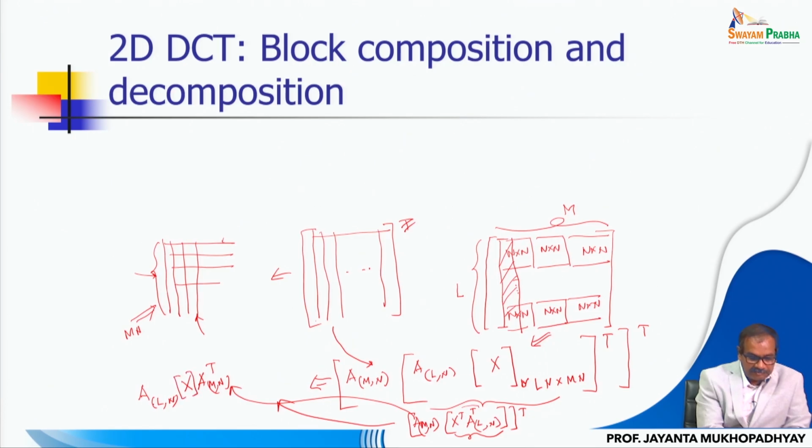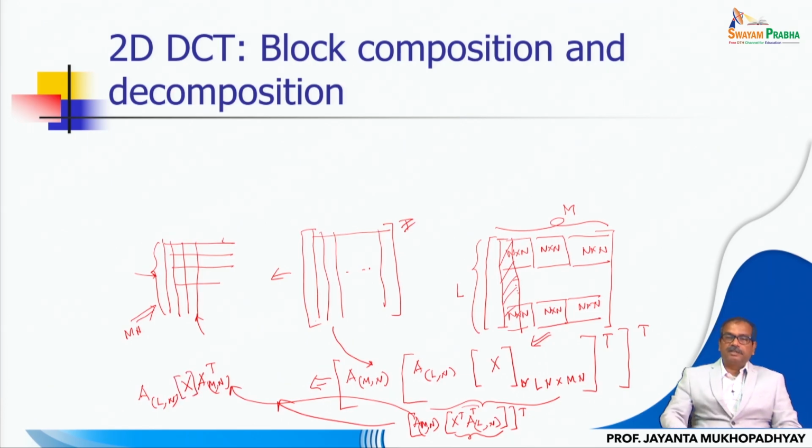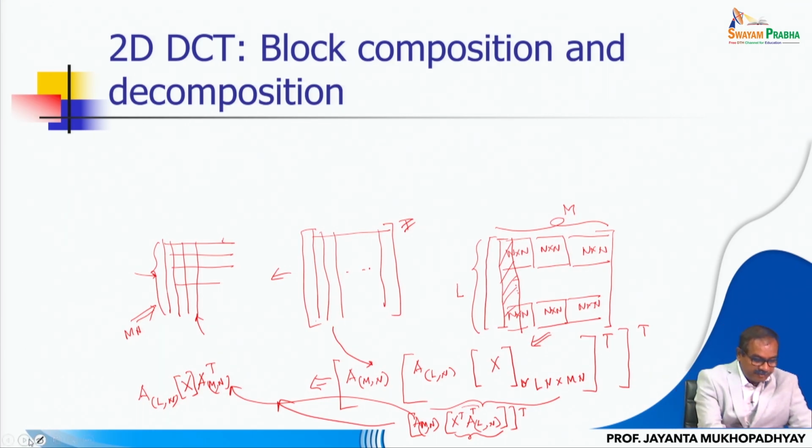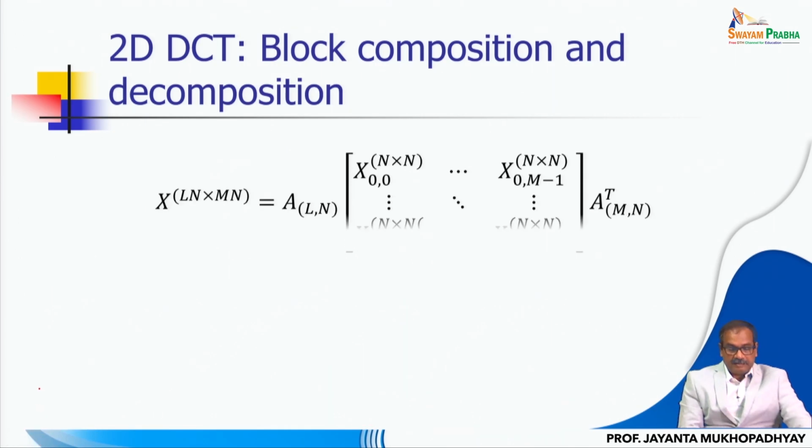So this is how a set of two-dimensional DCT blocks could be merged into a larger block. Let me show you this expression once again, mathematically.